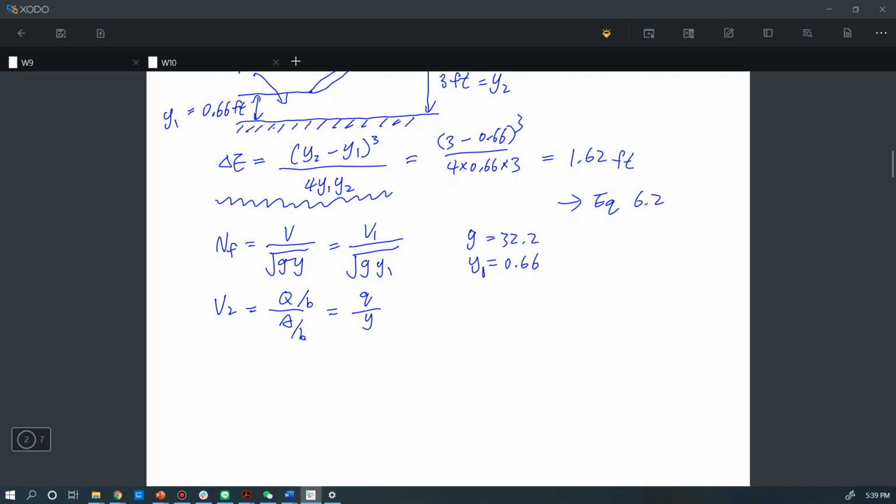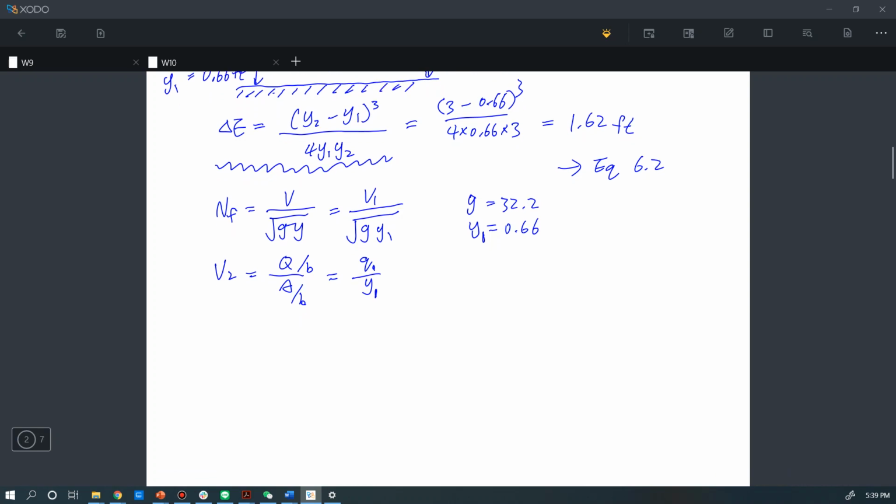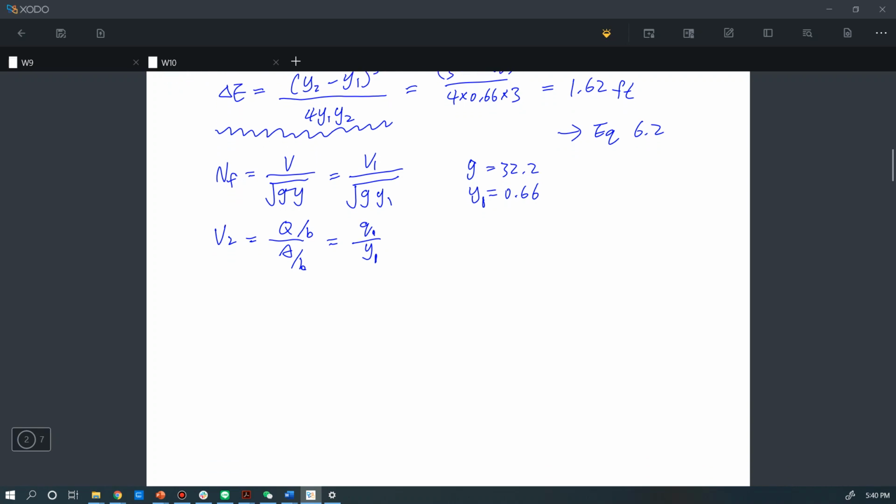So the next question is, okay, we know this y1 is equal to 0.66. We want to calculate this q. To do that, we can use an equation again.